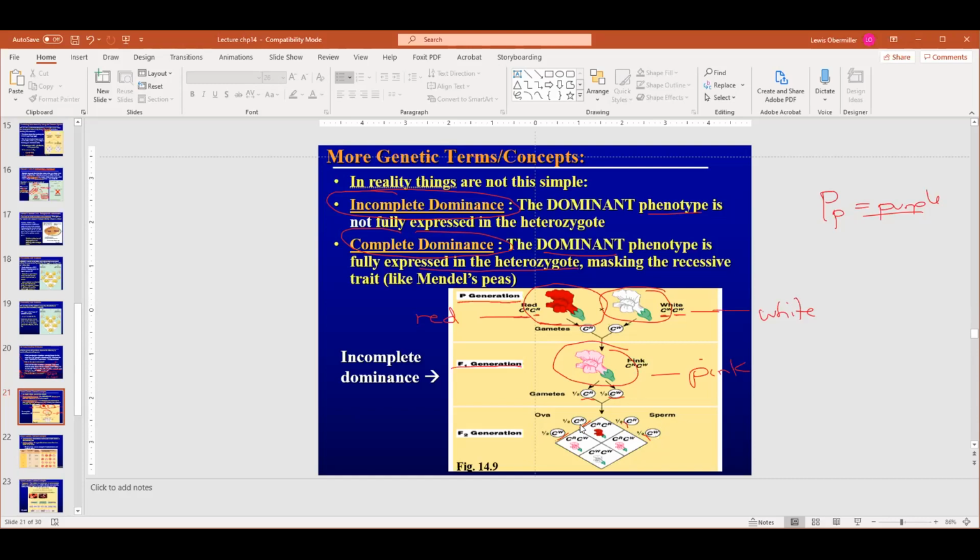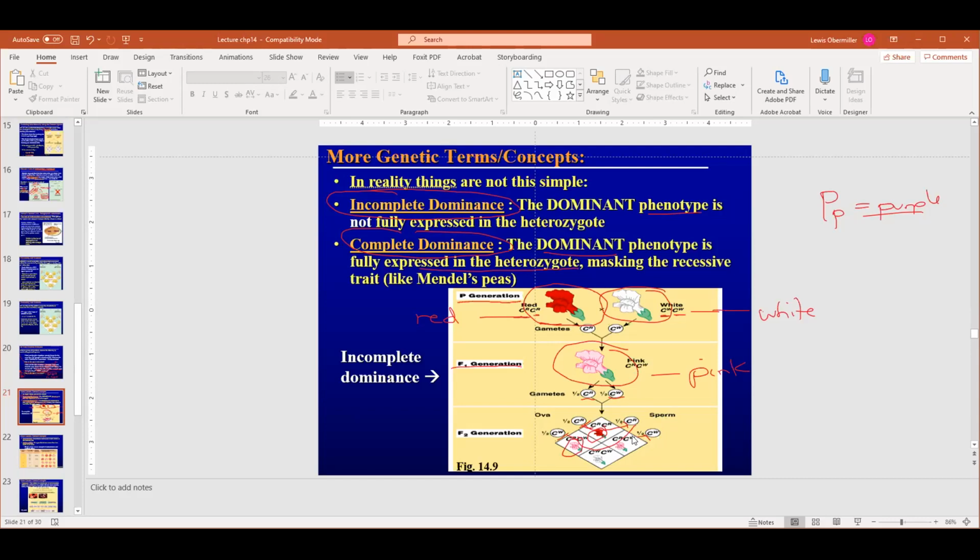And so if this sperm fertilized this egg, we would get two reds, and that flower would be red. If this sperm fertilized this egg, we would get red and white, and so we would get pink.